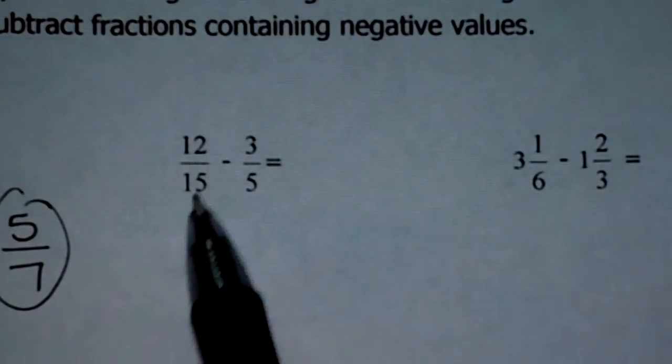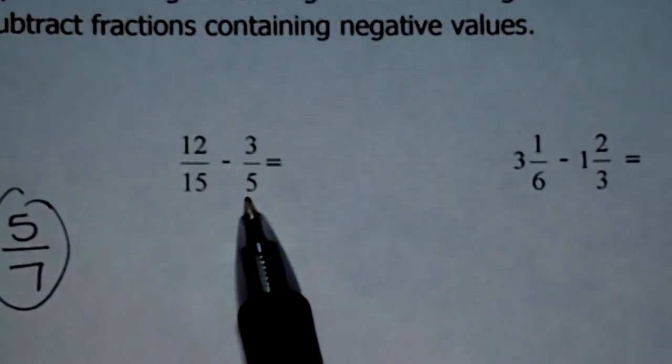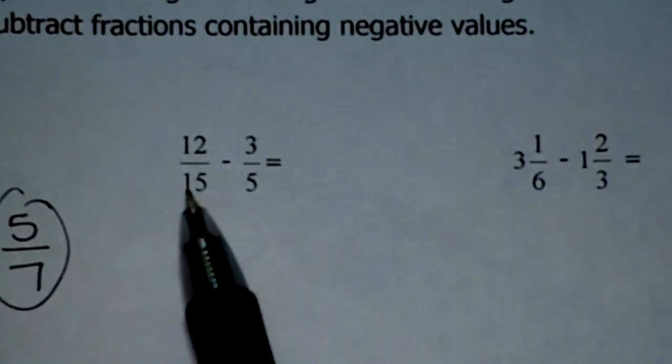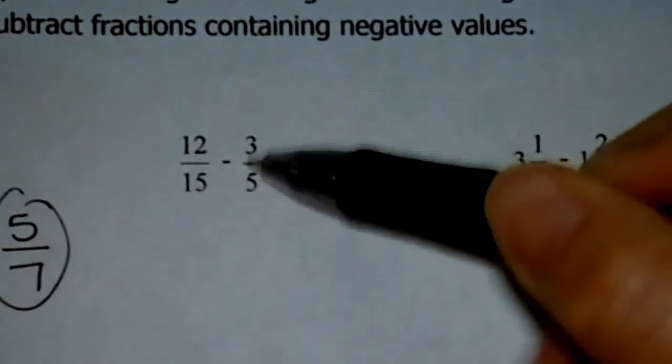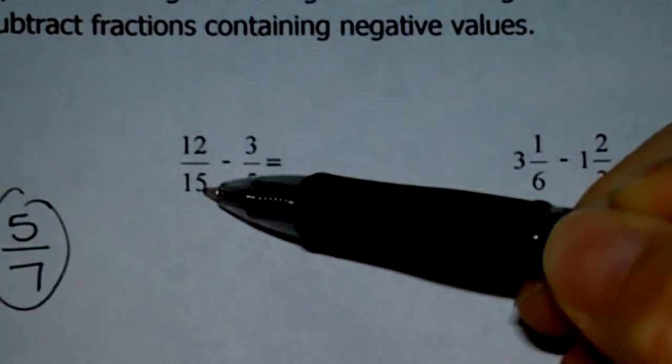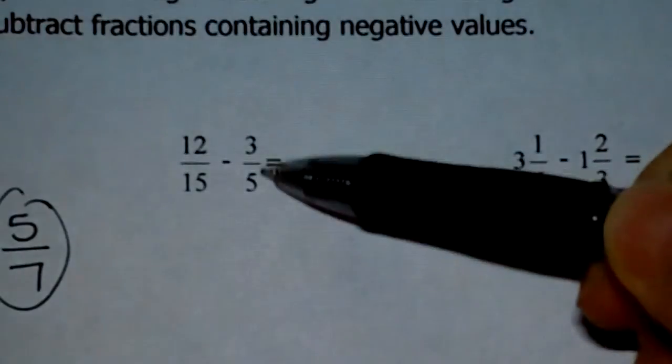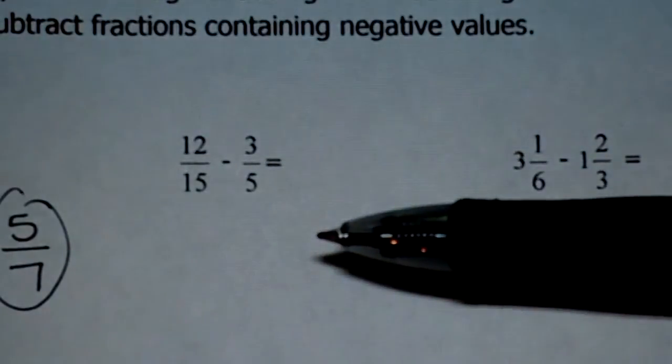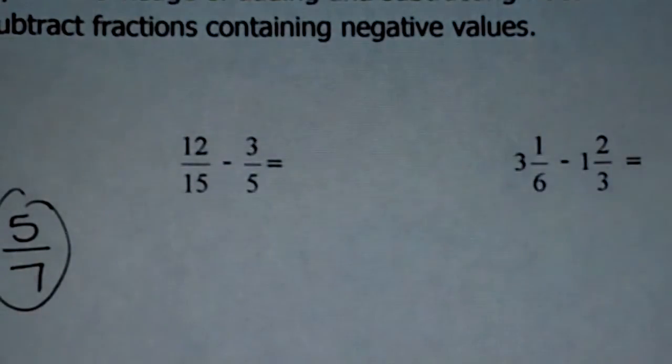And when I see 15 and 5, I know that 5 times 3 is 15, so I can easily change 3/5 into a fraction with a denominator of 15 by multiplying both pieces of this by 3. Because you learn to create equivalent fractions, you can multiply the top and bottom by the same amount. You could also divide the top and bottom by the same amount, but that's another conversation.